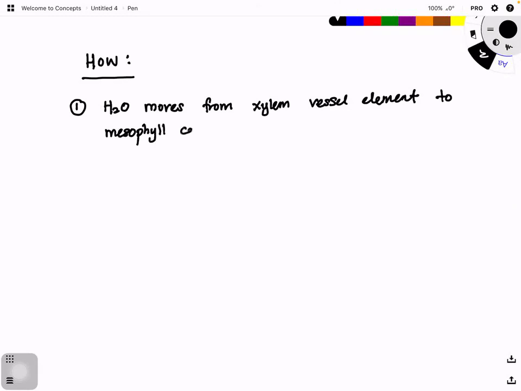By what process? In this case it is a bit difficult, because moving to the cell wall is by diffusion and moving to the cytoplasm is by osmosis. So we don't make ourselves confused. We just say that water molecules move from xylem vessel element to the mesophyll cells across the pit, down the water potential gradient.